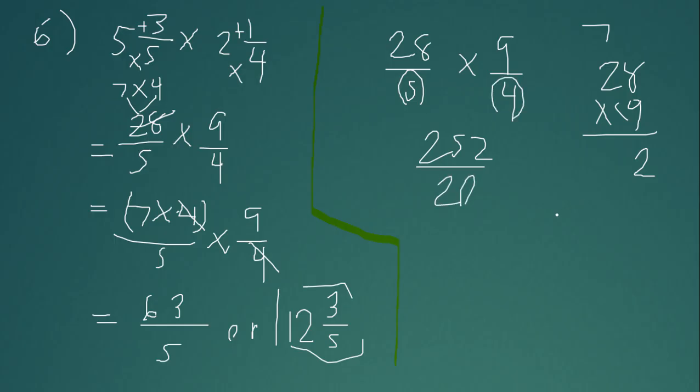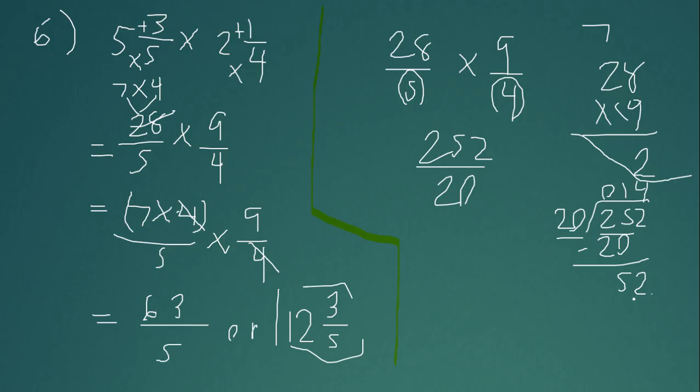Then divide. It's 252. How many 20s have 2 is 0? How many 20s 25 is 1? Is 20. Then minus, we have 52.